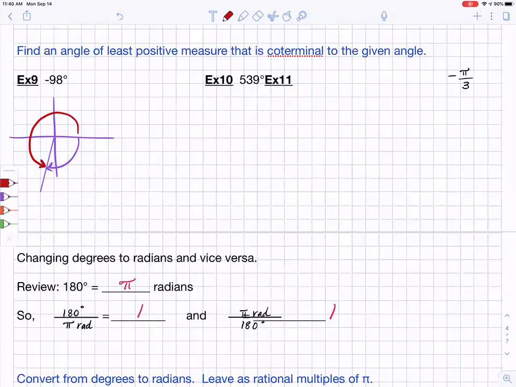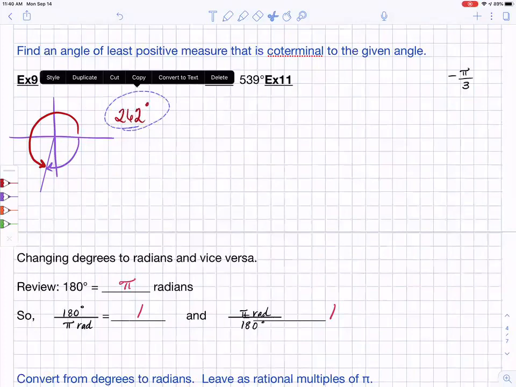Subtract from 360. So if you do 360 minus 98, what do you get? Are you saying 262? Let me show my work here. That was 360 minus 98.